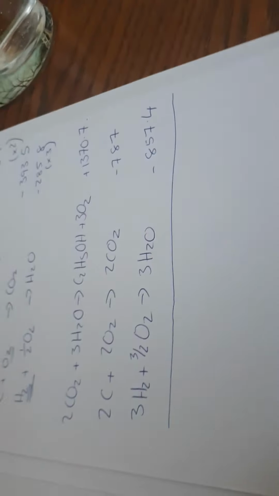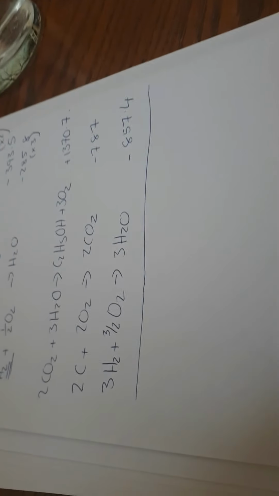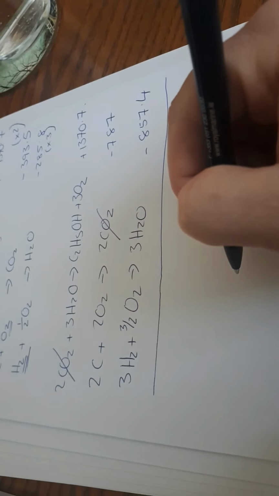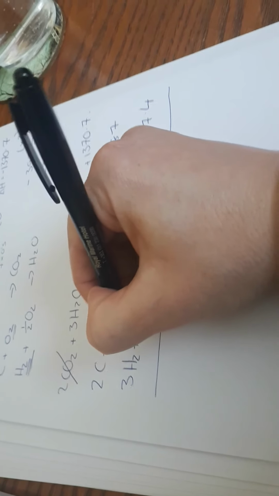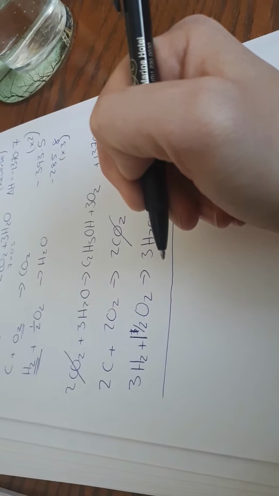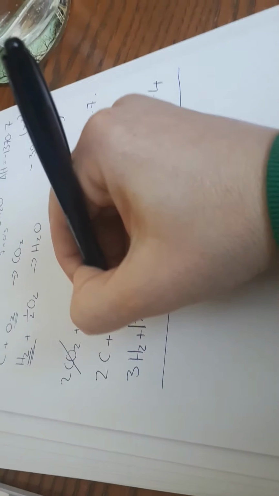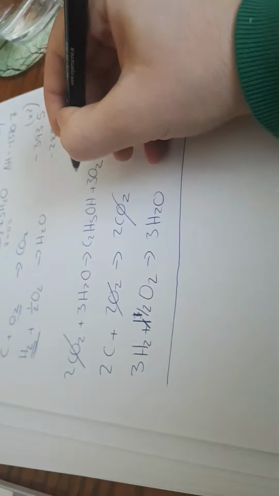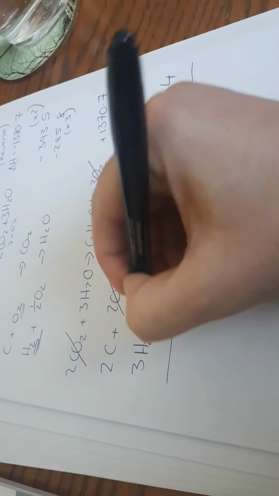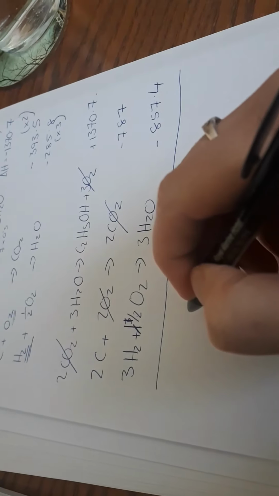And what we do now is we compare what we have on our left hand side and right hand side, and anything that's on both sides can cancel. So 2CO2 cancels with 2CO2. Now 3 over 2 is the same as 1.5 O2, so I can cancel 2 of the O2s and 1 of the O2s with 3 O2. 2 and 1 gives me 3, so I'm left with a half.